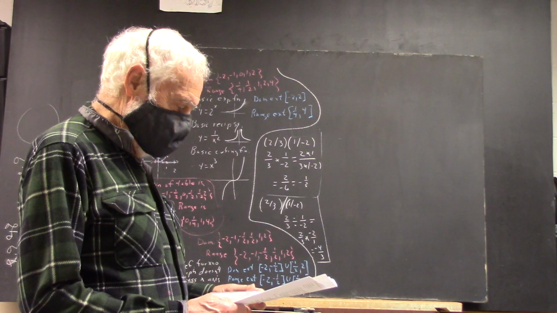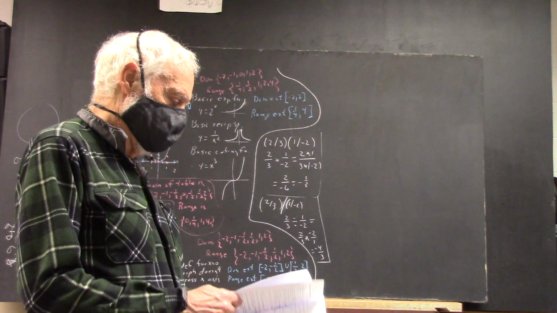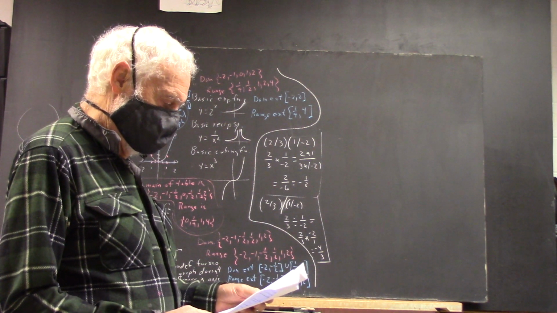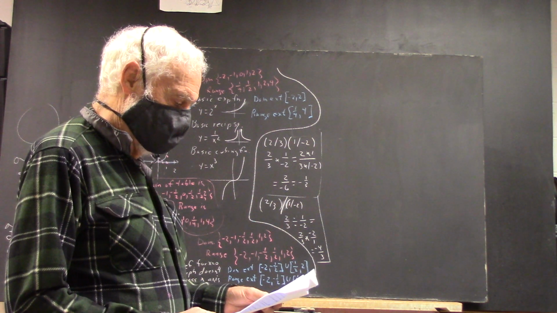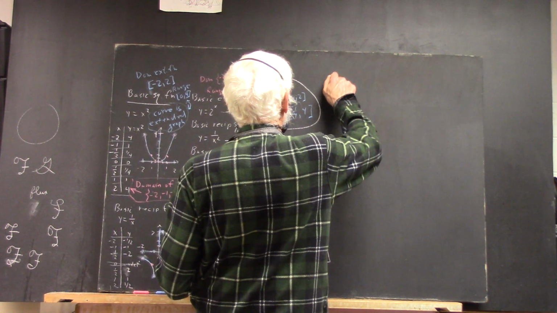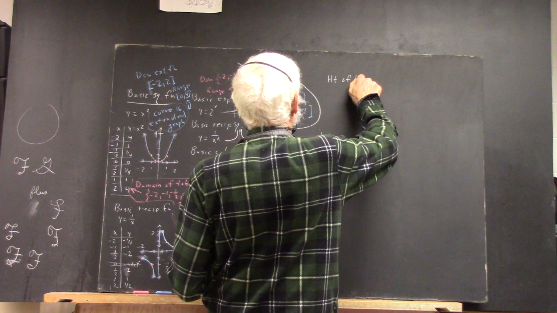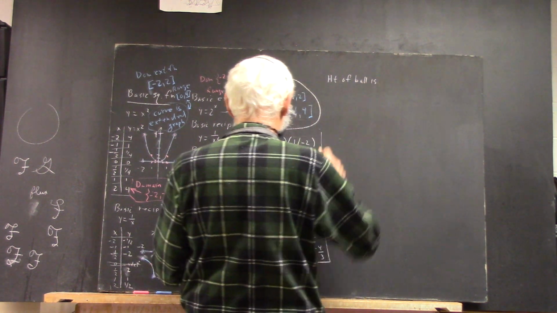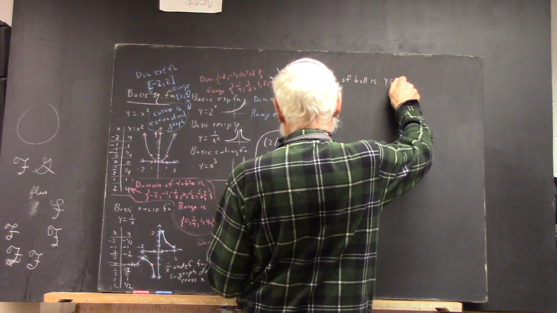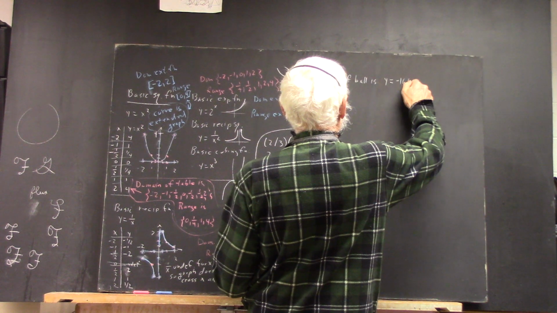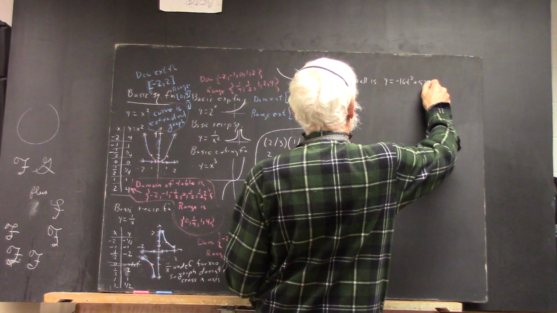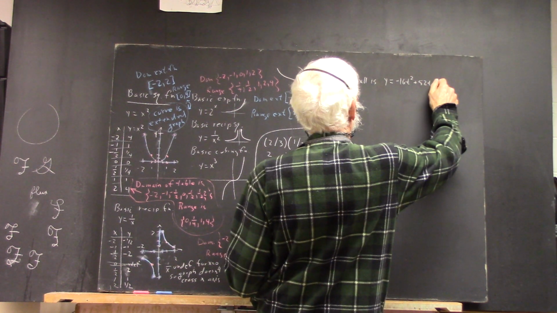Very good. Now let's see, of course, number 17 of the second tab. Okay, yeah, this is a good one. Height of ball is y equals negative 16t squared plus 52t plus 4.